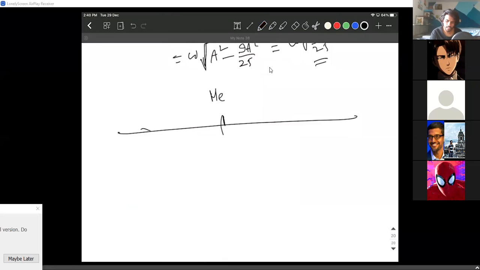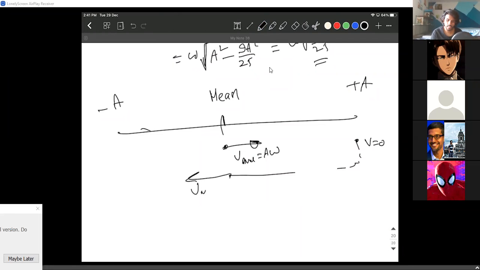Seeing at mean, a positive extreme, negative extreme, v max in this direction, which is a omega, goes to this point, becomes zero, and when it returns, it again is v max. So v max is minus a omega, since it's in the opposite direction, goes to the negative extreme, v becomes zero, and it comes back to v max. That is the story of velocity.